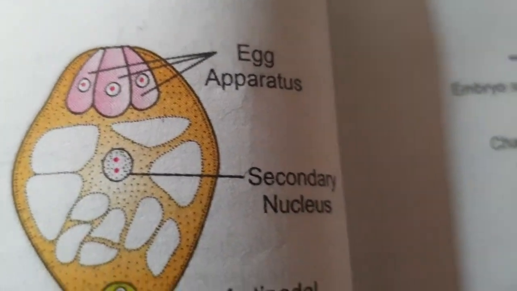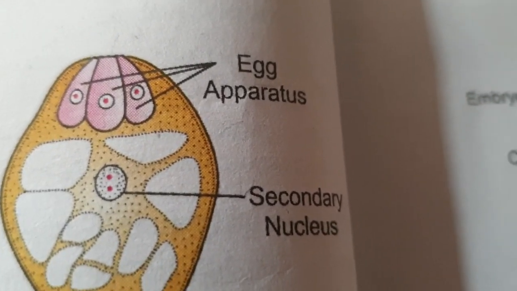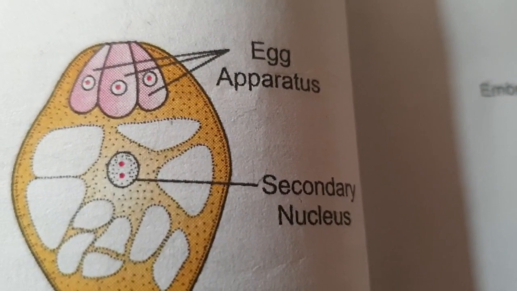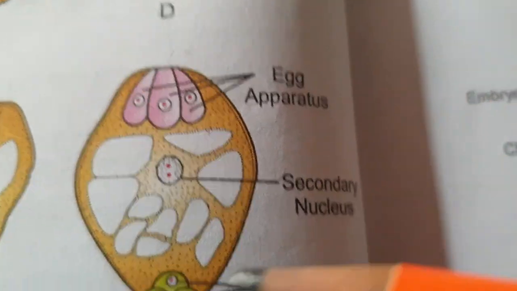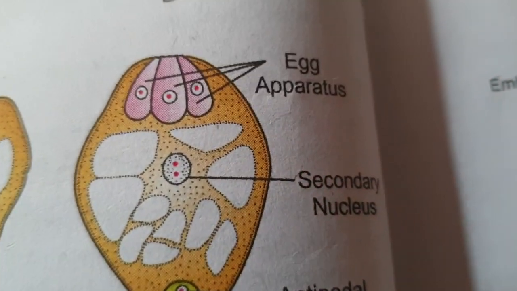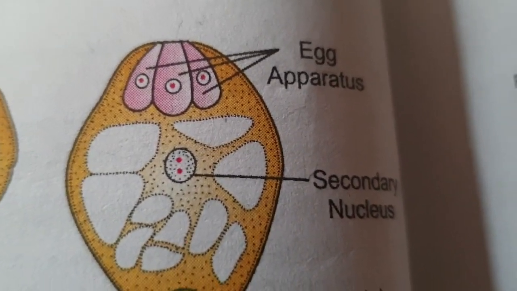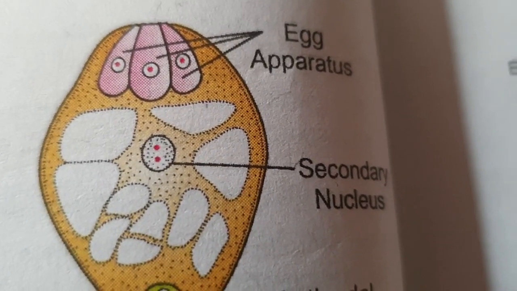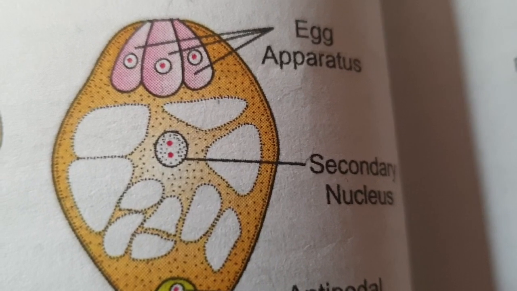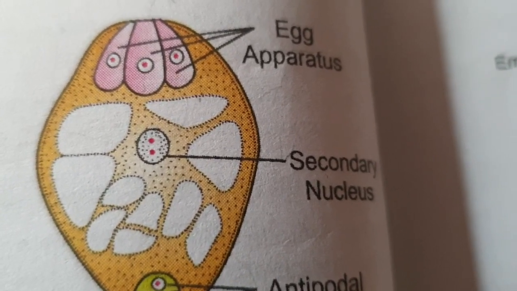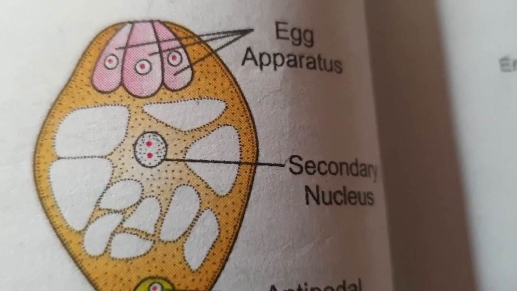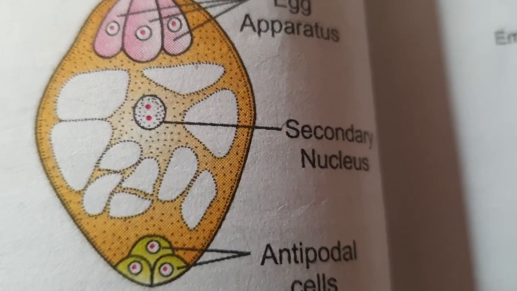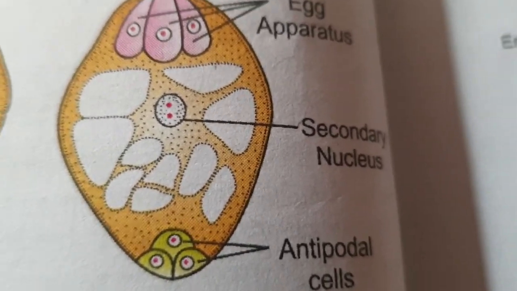The wall is quite thick towards the micropylar end and gradually thins towards the chalazal end. This is the chalazal end, this is the micropylar end. All 3 cells of the egg apparatus communicate with one another and with the central cell by plasmodesmata, cytoplasmic bridges which connect the cells.